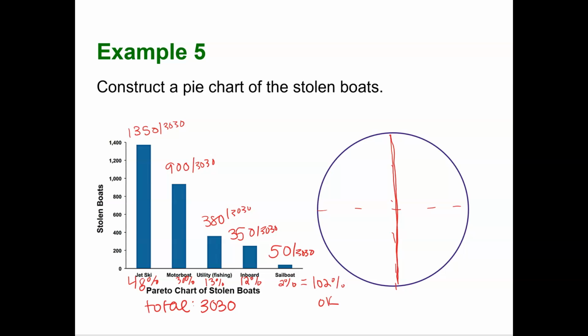I'm going to erase this part here, and I'm just going to call this jet ski, 48%. Now, 30% is a little more than 25, so I'll give it just a little bit more there, and I'm going to call that motorboat, 30%. Now these slices get a little tricky. About half of this is 15 and 15, I'm sorry, it's 10 and 10, because we've got about 20% left.